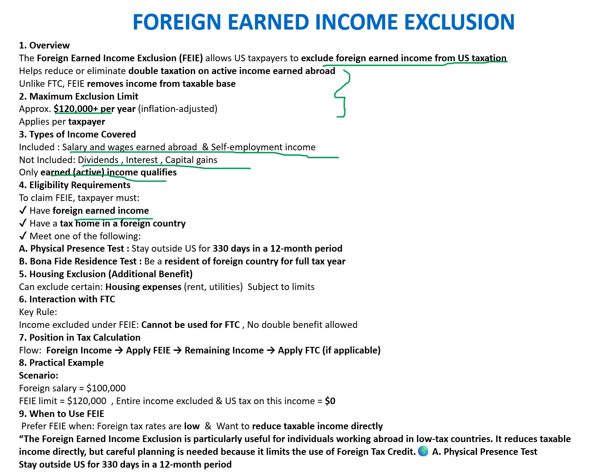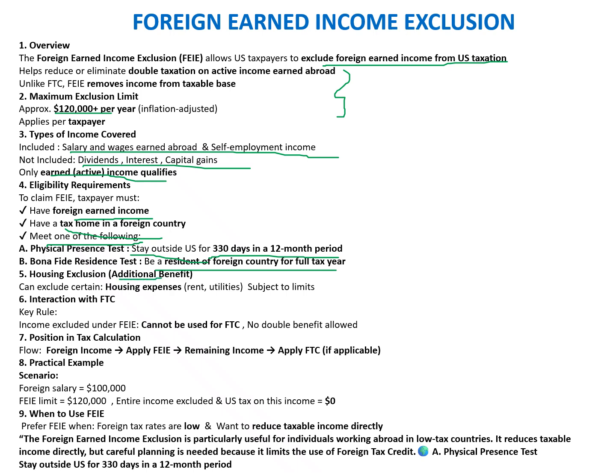To be eligible, you must have foreign income earned, have a tax home in a foreign country, and meet one of the following conditions. These are the conditions to qualify to claim a particular income as foreign earned income exclusion: the physical presence test, staying outside India for 330 days in a 12-month period, or being a resident of the foreign country for the full tax year.